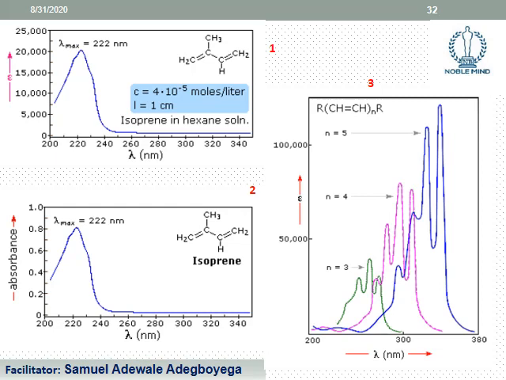I hope you remember that from our previous class. That is a bathochromic shift, which you call a red shift. If you increase it more to 5, the absorption band also shifts, and that confirms the statement in the previous class that increasing the conjugation would always increase the maximum wavelength of absorption.